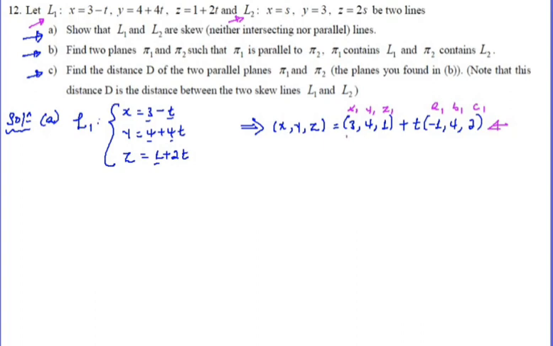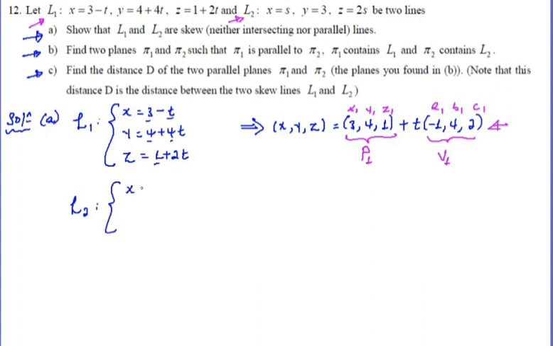So assume this point, or denote this point by p1. ይሄንን p1 ብለን represent እናድርገው. ይሄን direction vectorአችንን ደግሞ የL1 ን v1 ብለን represent እናድርግ. Okay, this is L1. Now L2 is also given in parametric form.